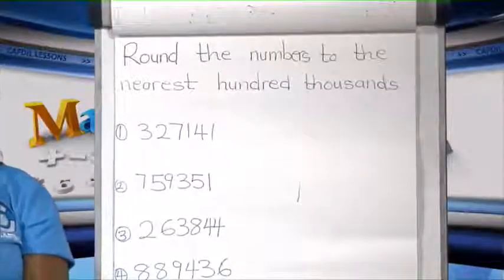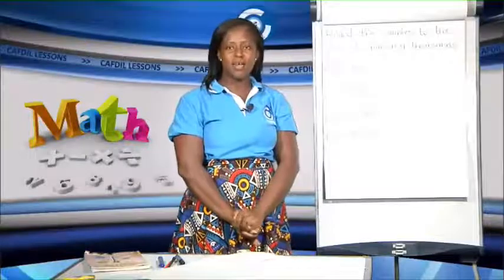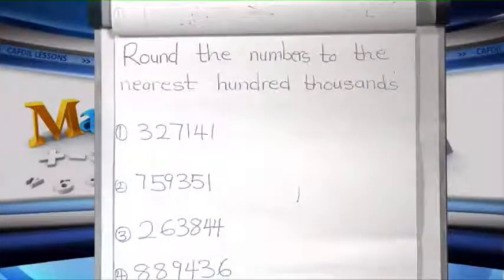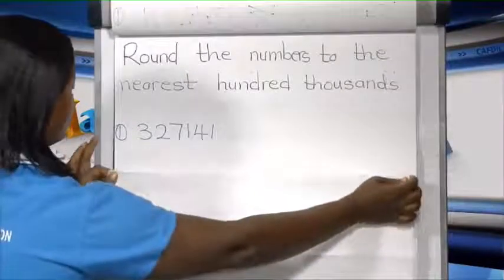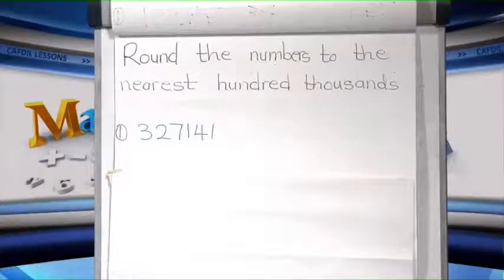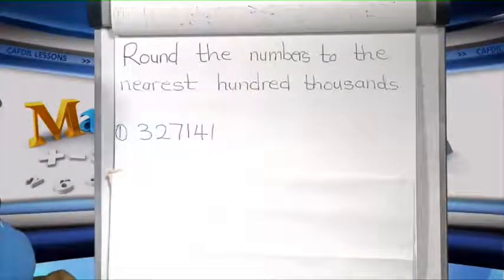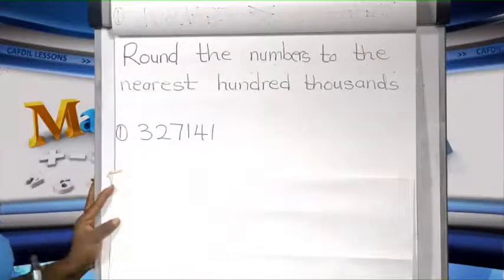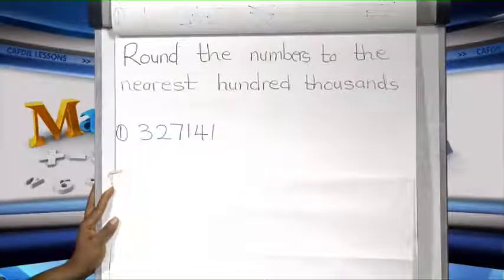Round the numbers to the nearest 100,000s. You have the first one. Now we know how to read numbers, isn't it? So we have 327,141. We want to round it to the nearest 100,000.